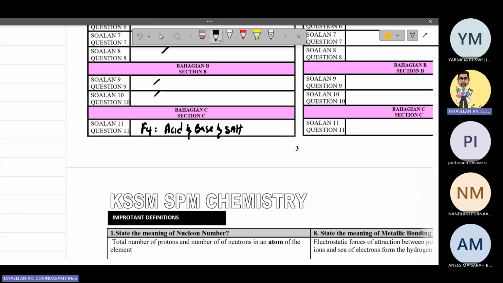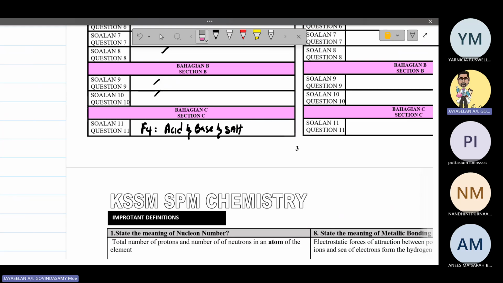Or preparation of insoluble salt. Or confirmatory test, which has never been tested. Any one of them. Or we have one more, standard solution. All experiments are in this book, you just study.